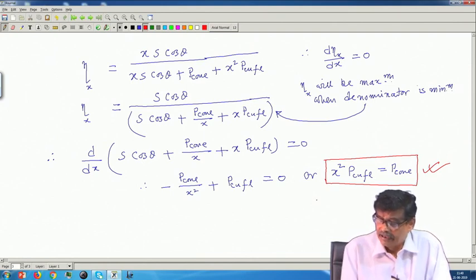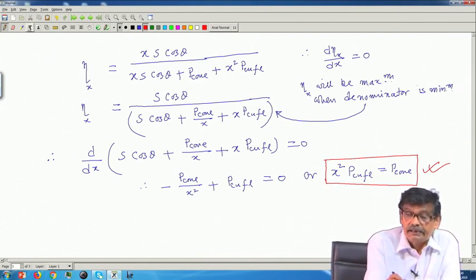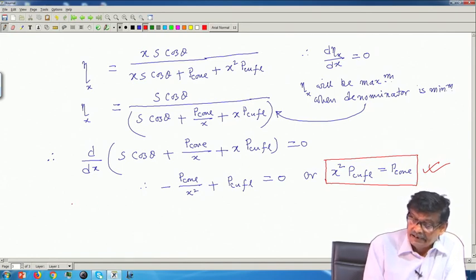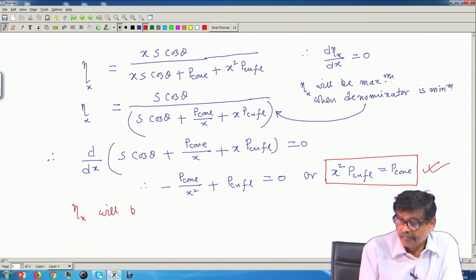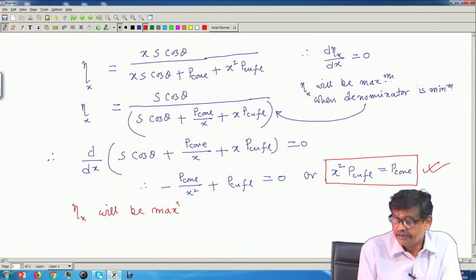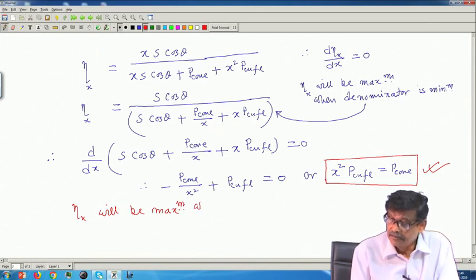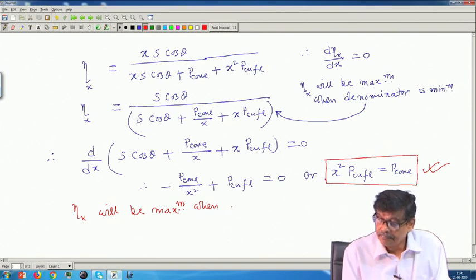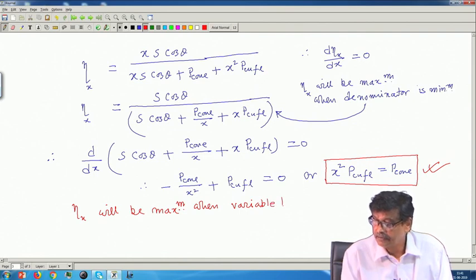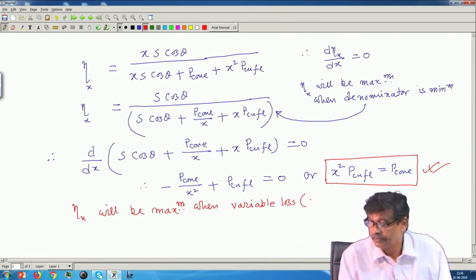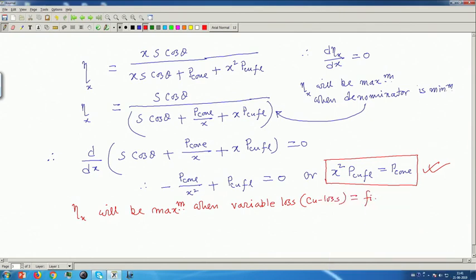So, in other words, I will say in language that eta x will be maximum when variable loss, in this case the copper loss, is equal to the fixed loss, in this case the core loss.